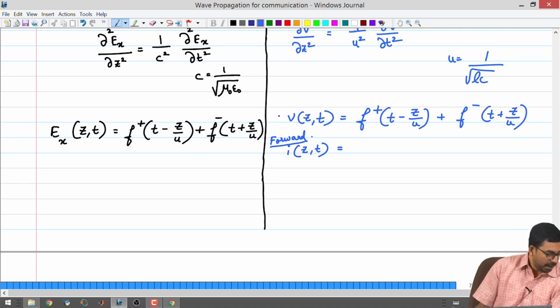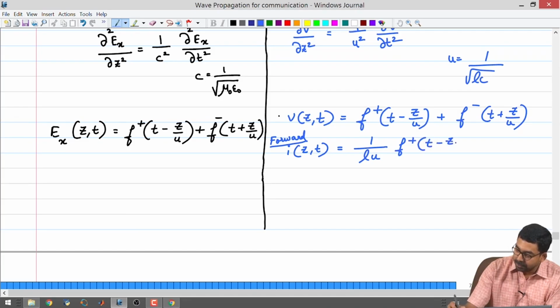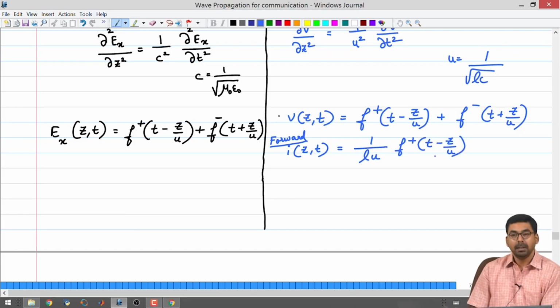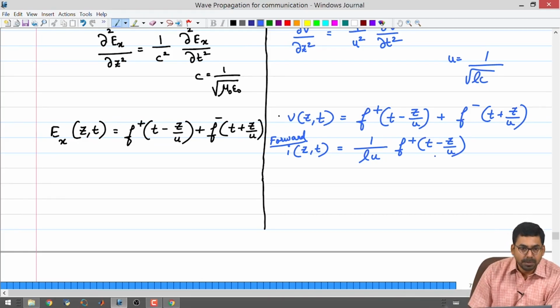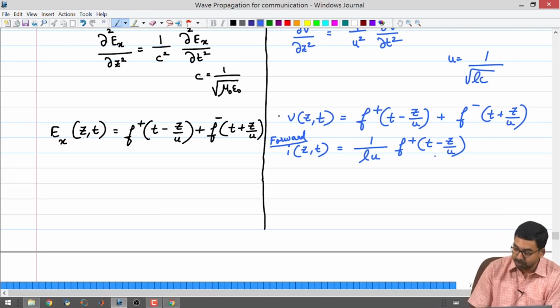In our previous notes I see that we have written I of z comma t is equal to 1 by Lu f plus of t minus z by u. From here we also concluded that the unit of Lu has to be ohms to satisfy Ohm's law. So 1 by Lu has the unit of mho, or Siemens, so Lu has the unit of ohms.